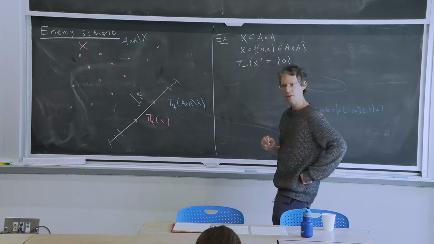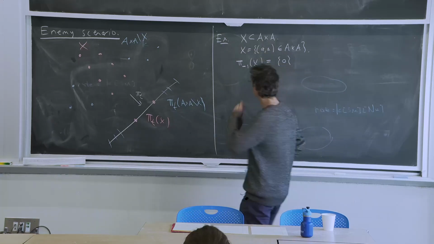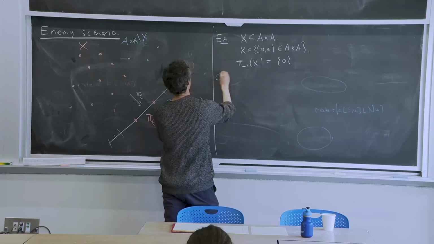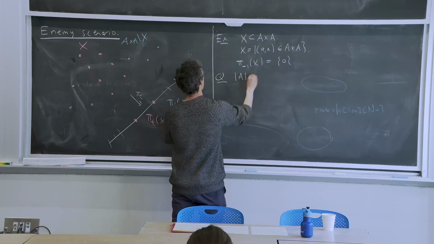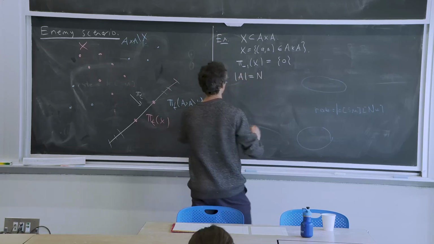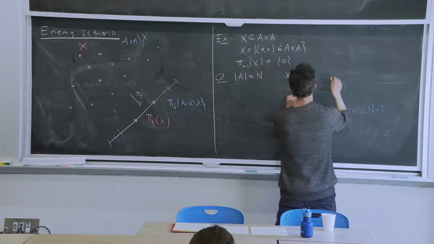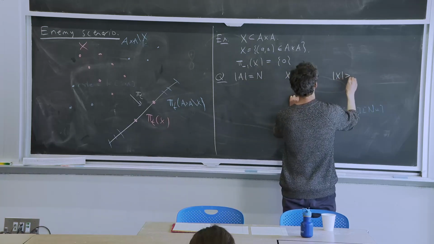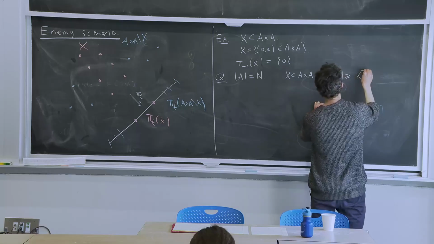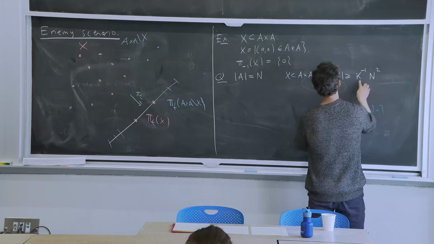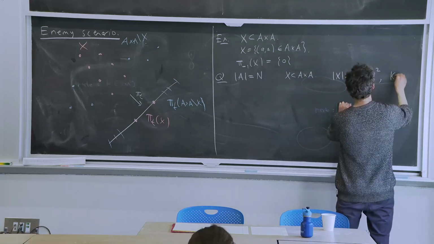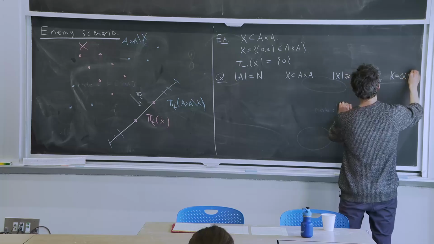So let me make a more precise question. So let's say A has size n, and x is a subset of A cross A, and it's really quite big. So I'm going to say x is bigger than, well, we're going to call it for now k inverse times n squared. But then maybe k is order of n to the 1 over 1,000.